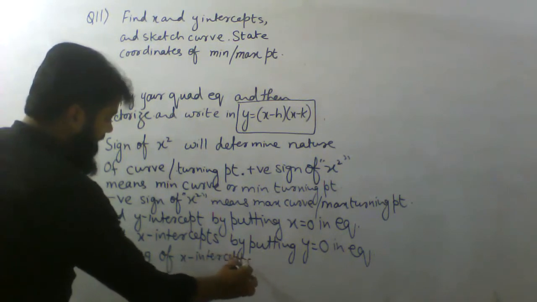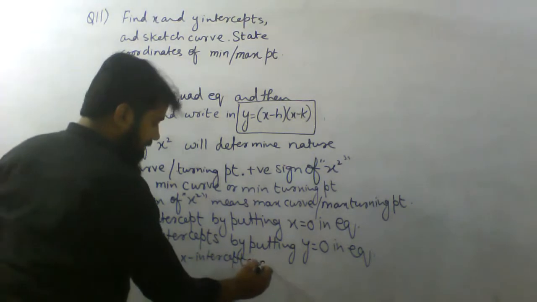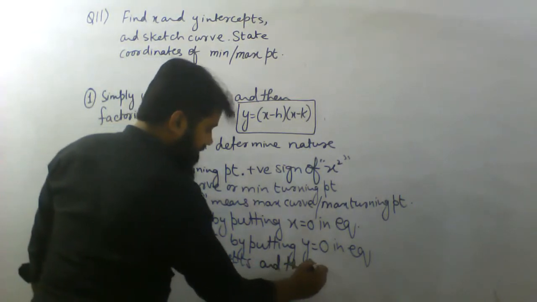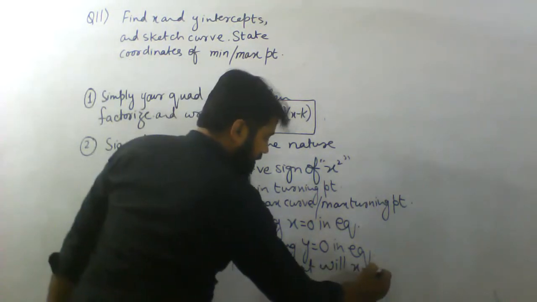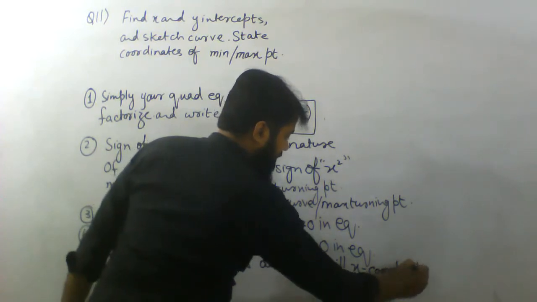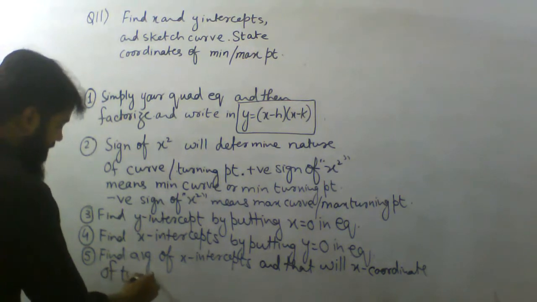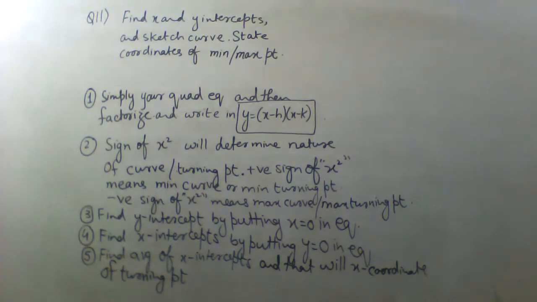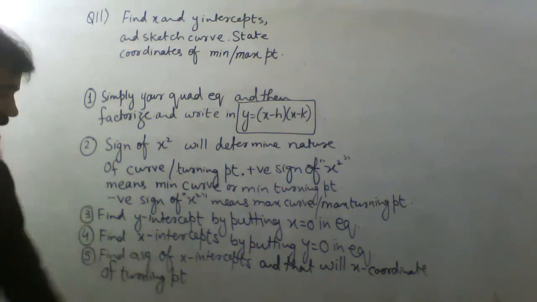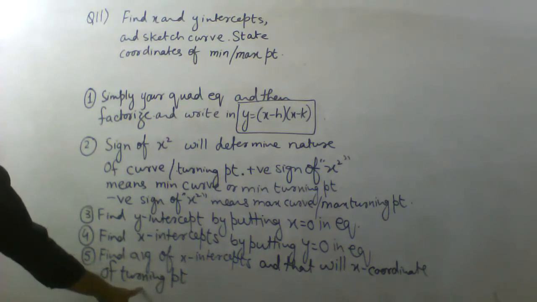Whatever x-intercepts are given, I will find the average of the x-intercepts, and that will be the x coordinate of the turning point.